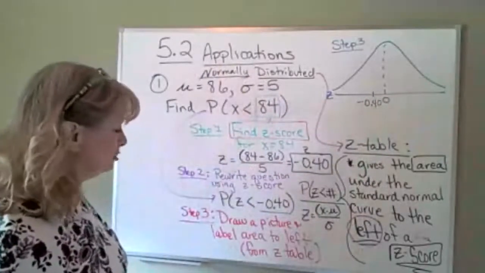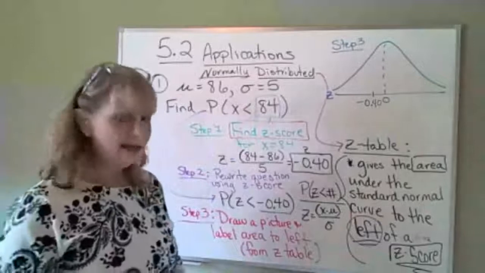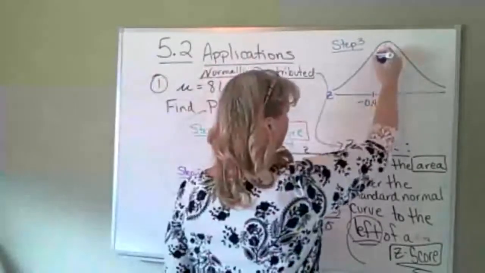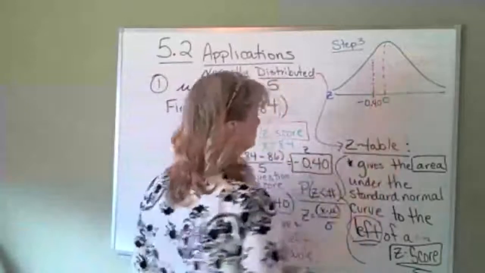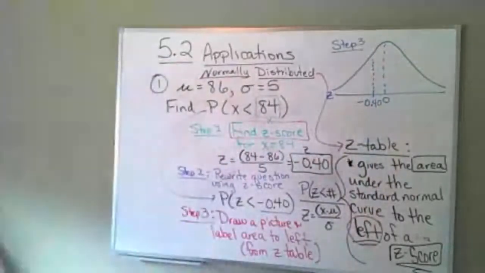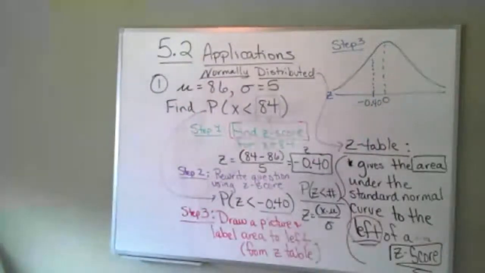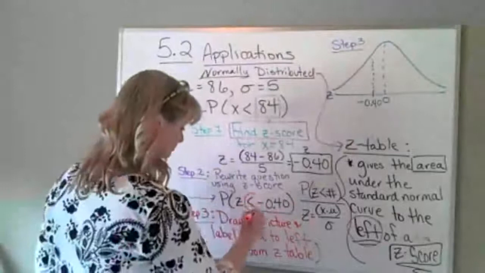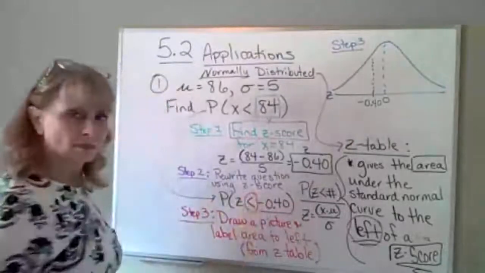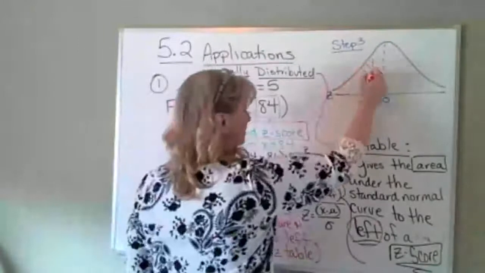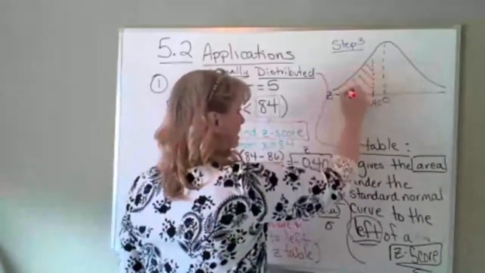Now, when I draw the picture, I'm going to shade the area that I'm looking for. So I'm going to draw a line right here. Since this is a less than problem, that means I'm looking for the area to the left. So this is the area I'm looking for.